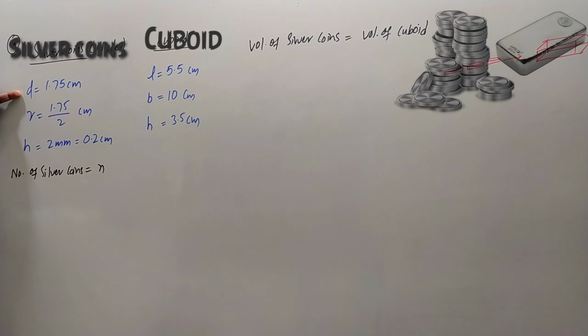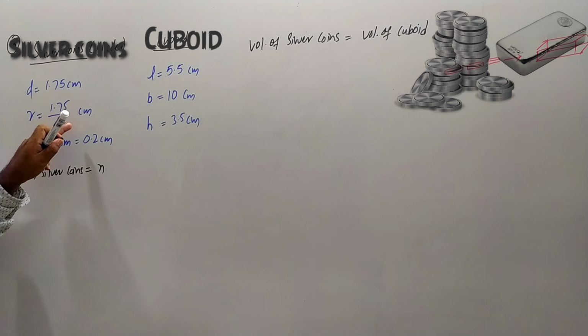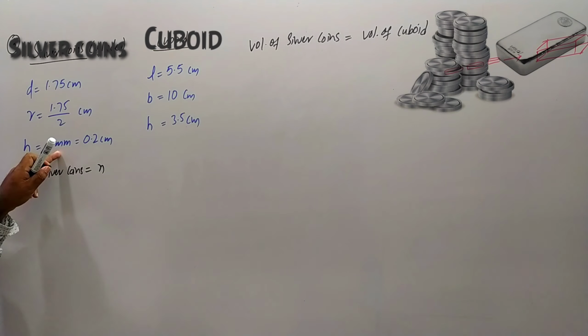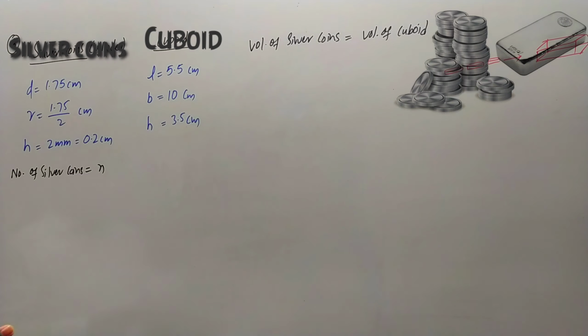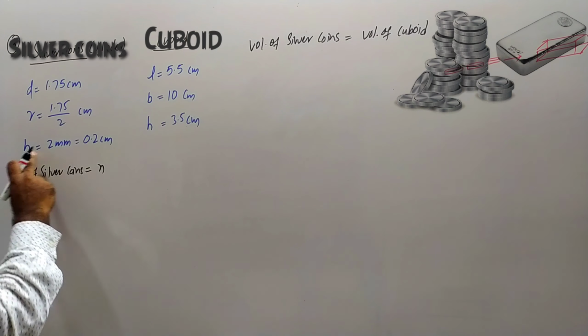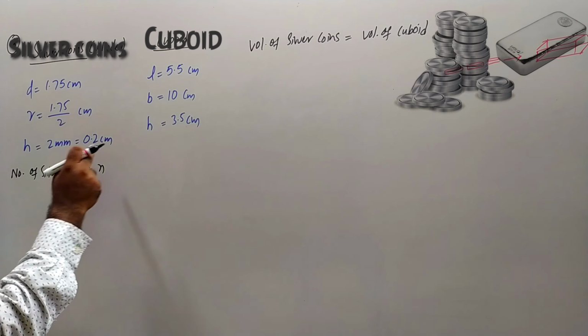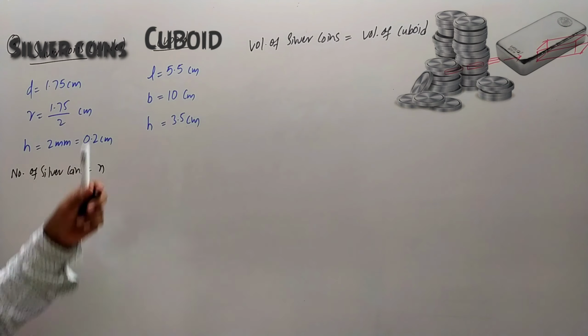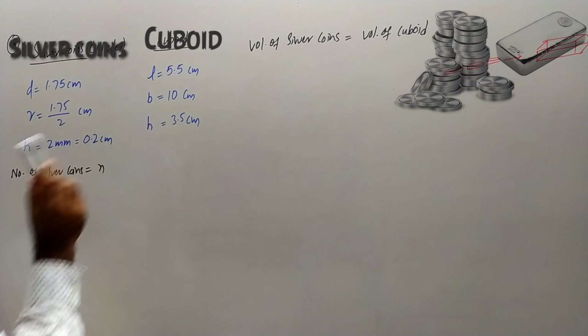So diameter of the silver coin is 1.75. Radius is equal to diameter by 2, that is 1.75 by 2 centimeters. H is given in millimeters, convert into centimeters. Remaining all the measures are given in centimeters. So 2 mm by 10, that is equal to 0.2 centimeters. The dimensions of the cuboid: L is equal to 5.5, B is equal to 10 centimeters, H is equal to 3.5.